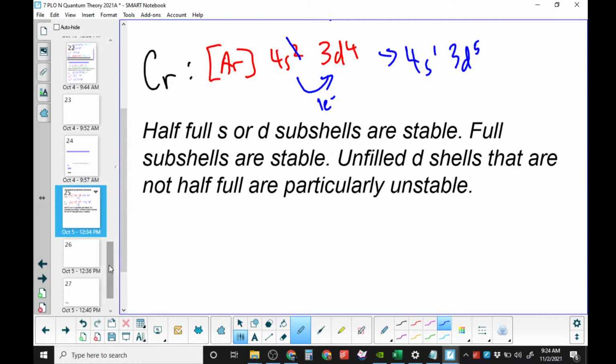Oh no, 1s2, but then you keep going. What's that one? Yeah, you just keep going along like that.